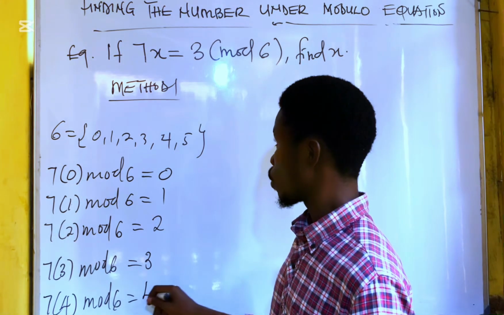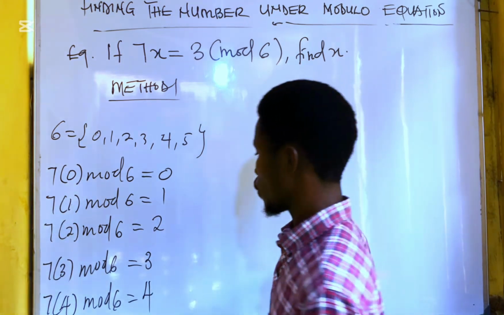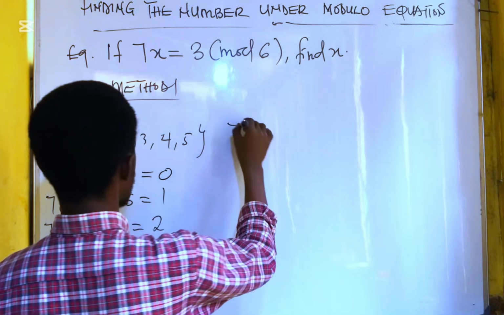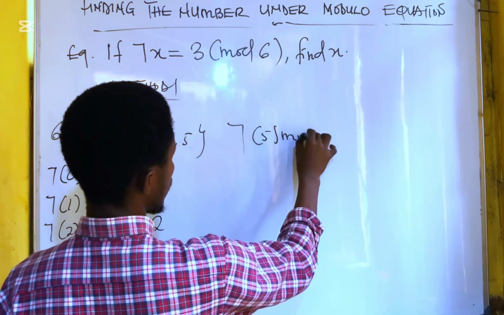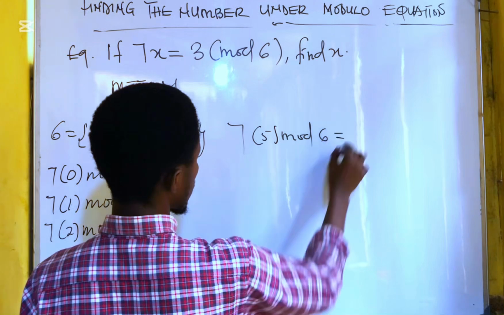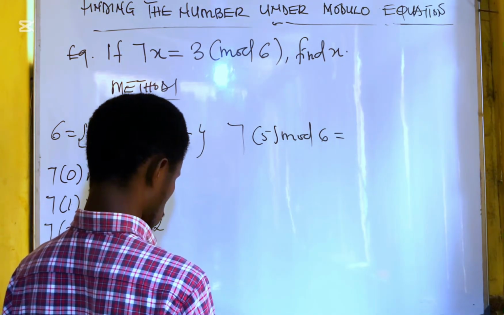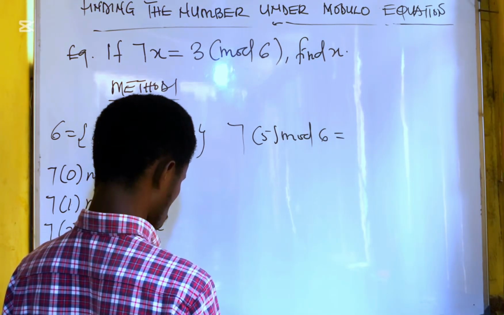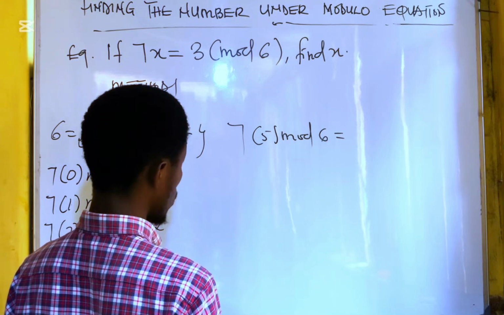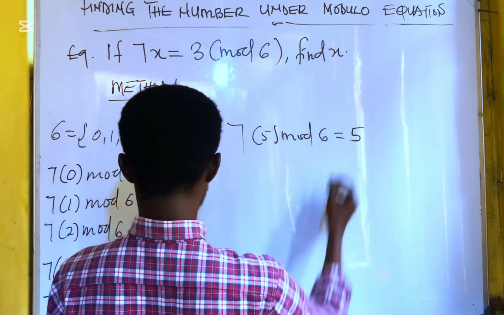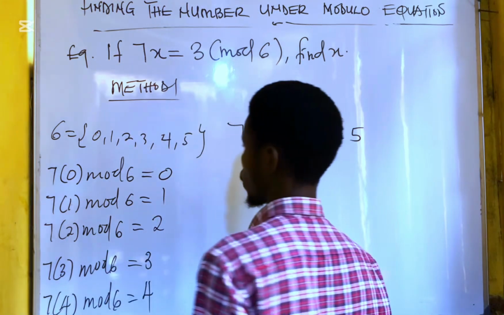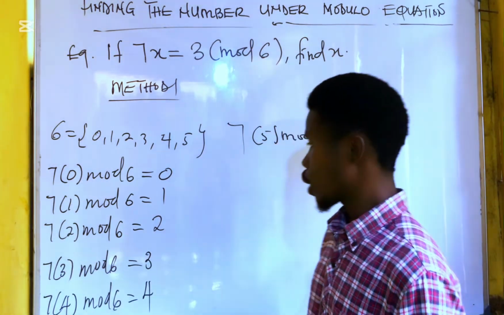That is 4. Then you move on. 7 multiplied by 5 mod 6, that is 5. So now, here we just looked at them.